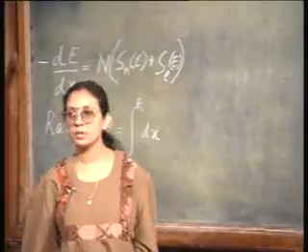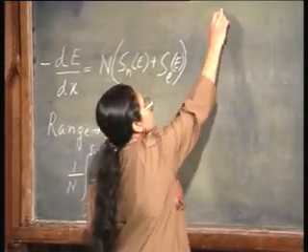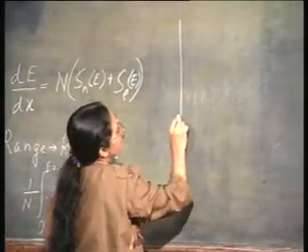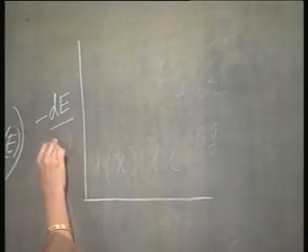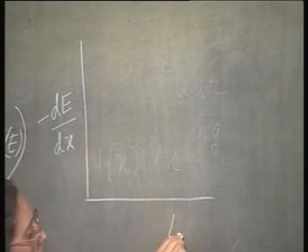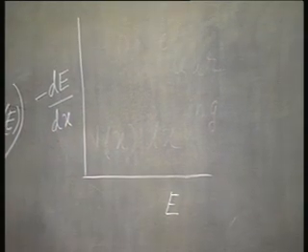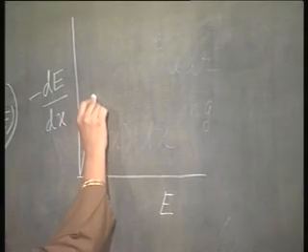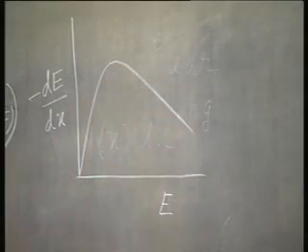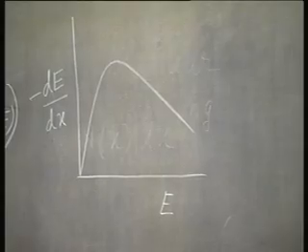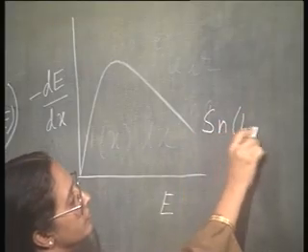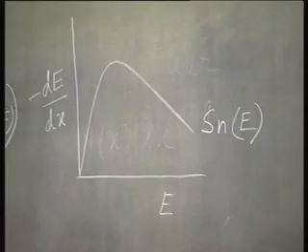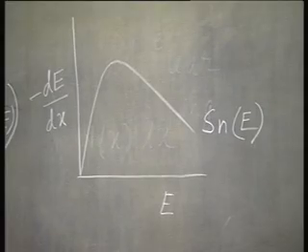So, in case of the nuclear stopping, if we plot the loss of energy as a function of energy itself, it is going to be something like this. This is the loss due to nuclear stopping.